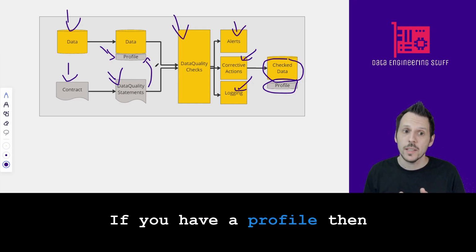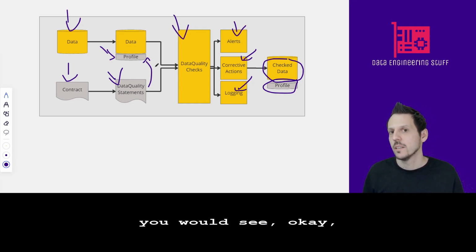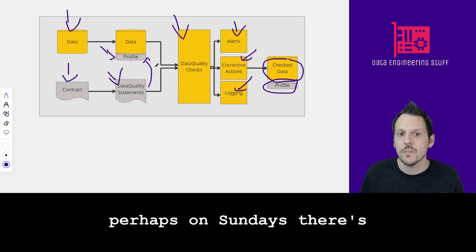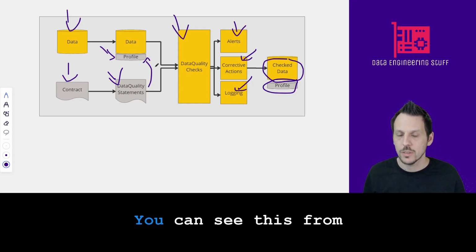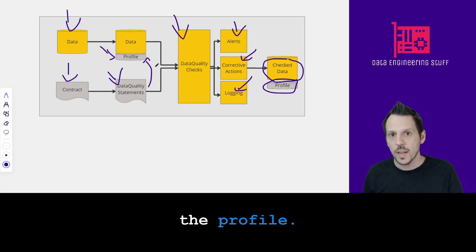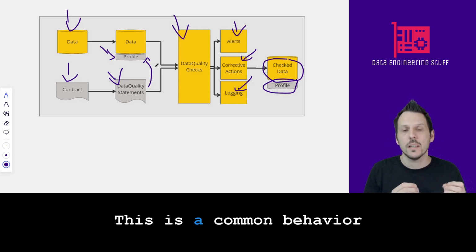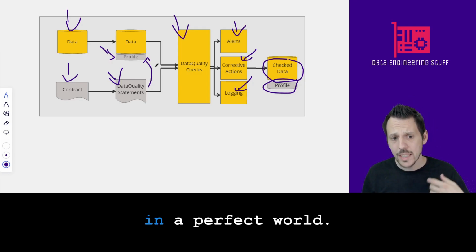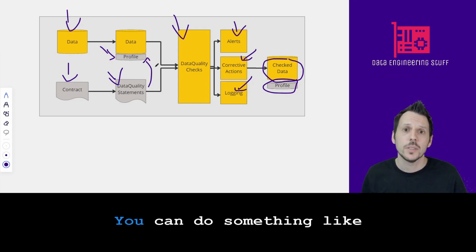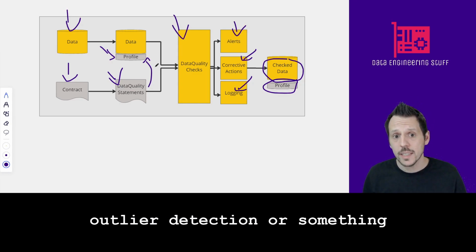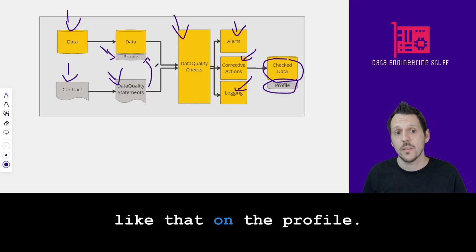If you have a profile, then you would see, okay, perhaps on Sundays, there's never an order. You can see this from the profile that this is a common behavior. In a perfect world, you can do something like outlier detection or something like that on the profile.